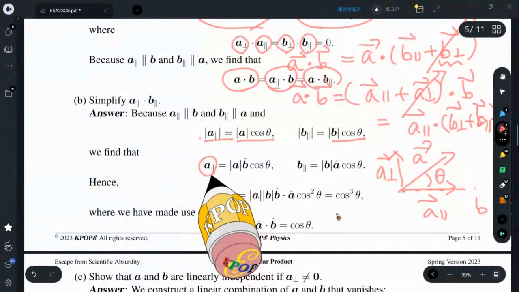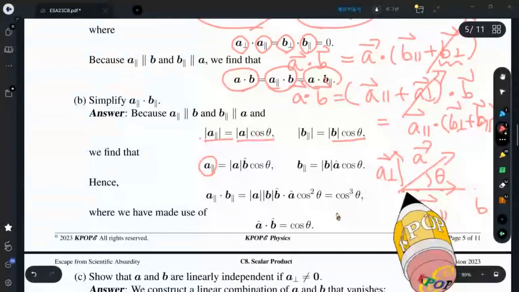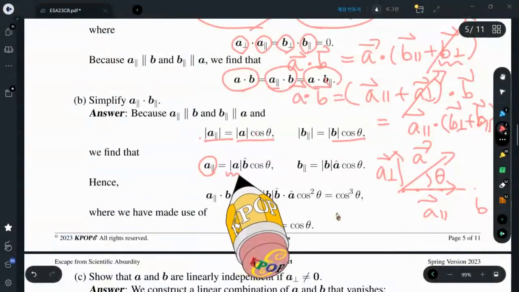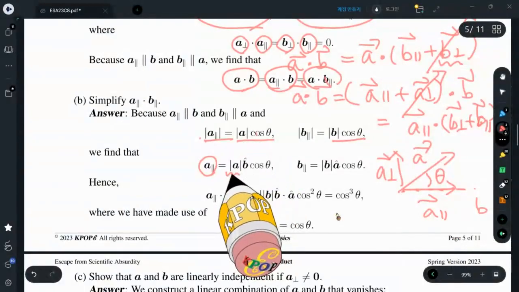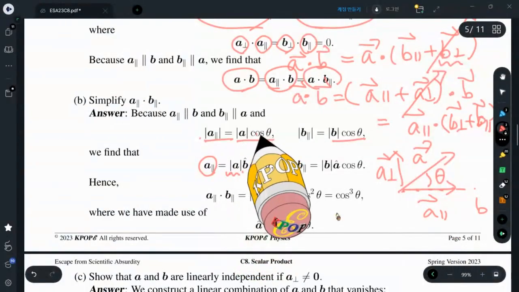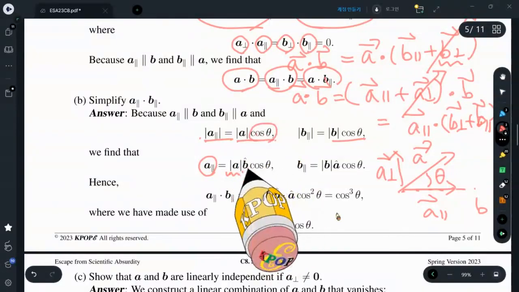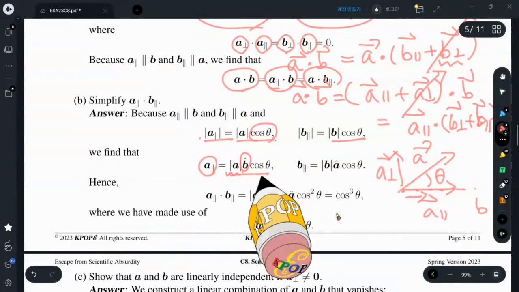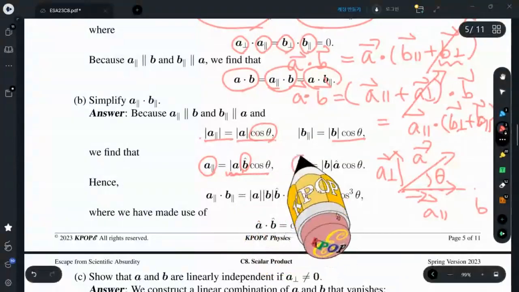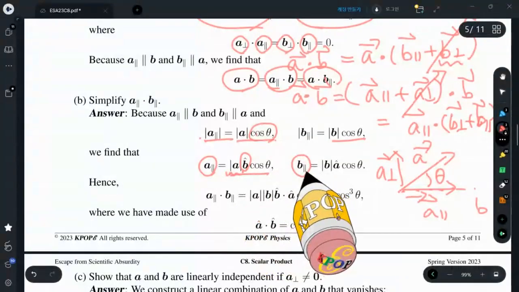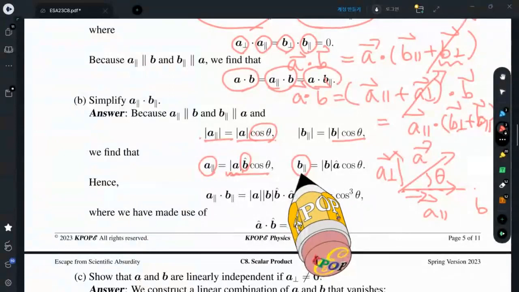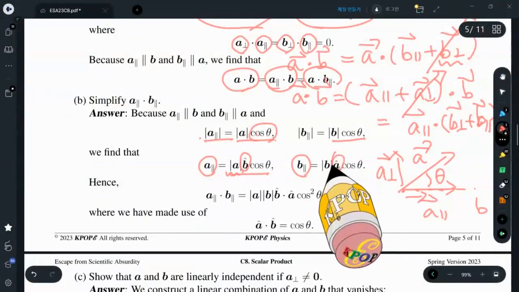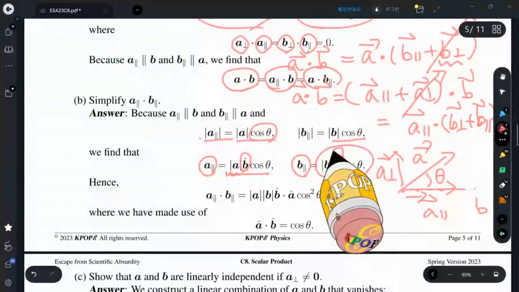Therefore, A parallel, the parallel component along B, has magnitude equal to the absolute value of A multiplied by cosine theta, and I need a unit vector along B to represent this. In a similar manner, B parallel, the parallel component of B, is parallel to A, so I have the unit vector and the magnitude.